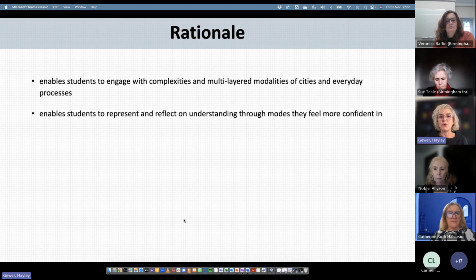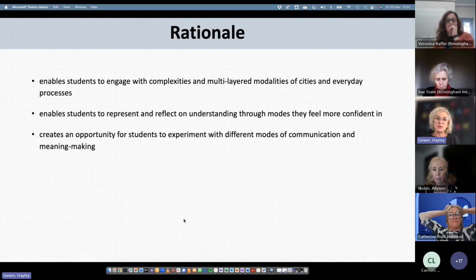So students have phones, they're taking photos, they're using videos, they're using sound recordings, and so to really draw on the modes that they feel very comfortable using. But at the same time, also to create an opportunity for students to experiment with different modes of communication and meaning making, so to experiment with some modes that they might feel less comfortable with.